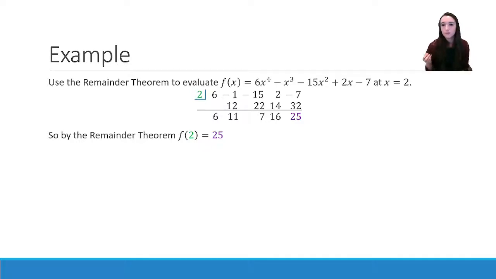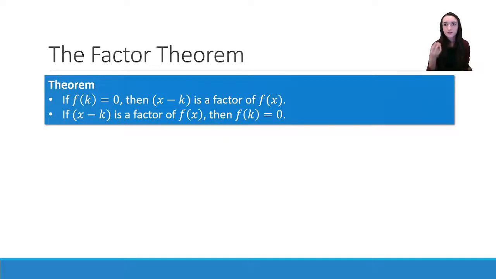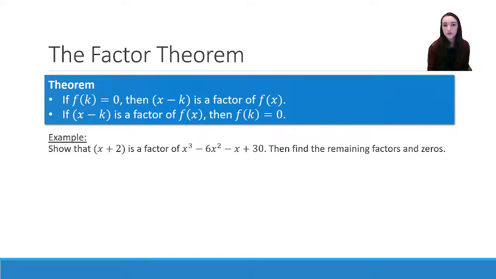But we know that a remainder of 0 means we have a factor. That was part of the statements we made when we defined the division algorithm. So, if our remainder is 0, we have a factor. But the remainder theorem helps us determine when our remainder is 0. So, we can use this.